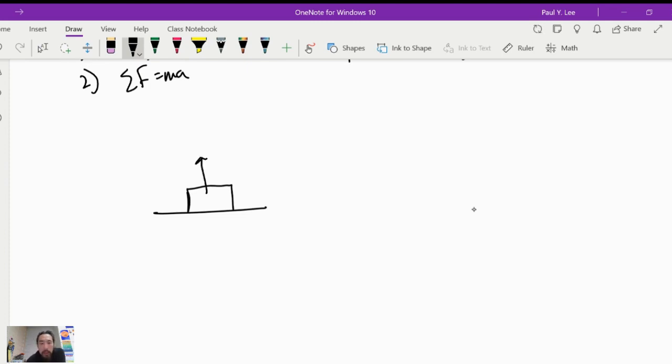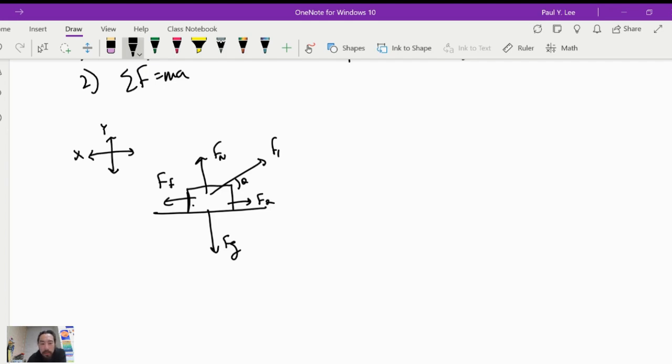So let's say we have Fn, we have Fg, we'll call this F1 at an angle, and we have FF, and just so that we can have fun, there's also F2. So we have multiple forces here. The very first thing you should do is identify the x and y axes.